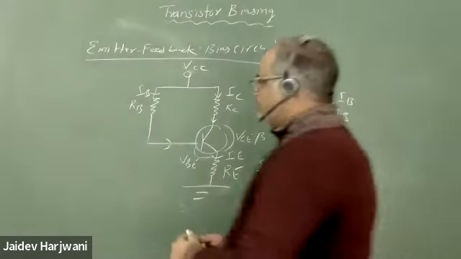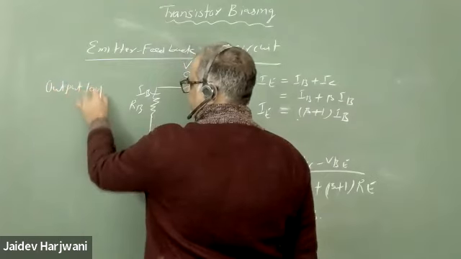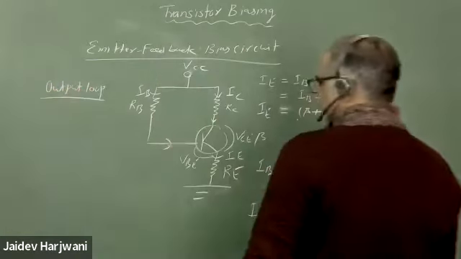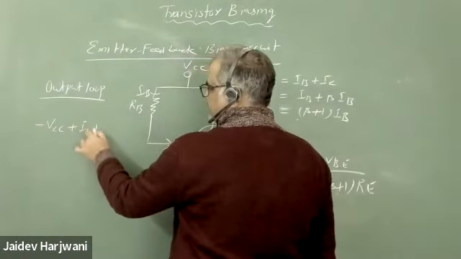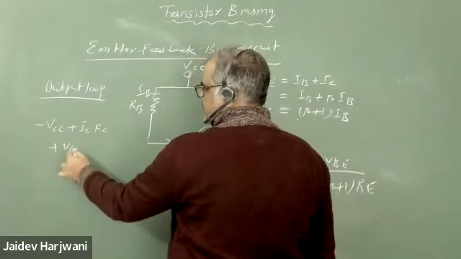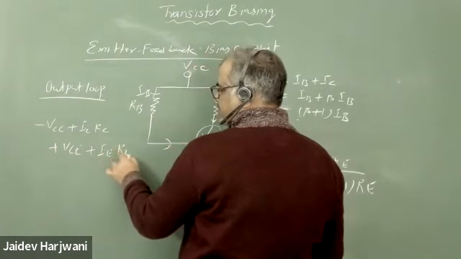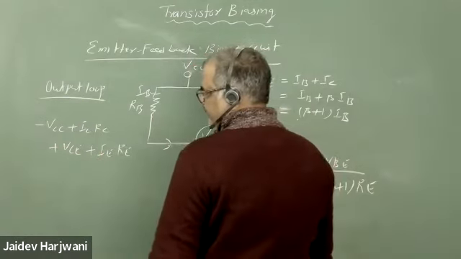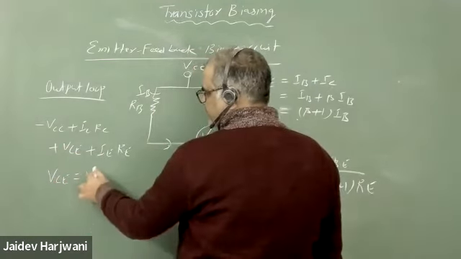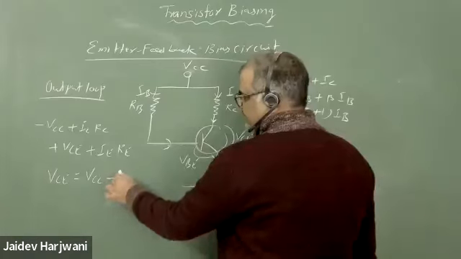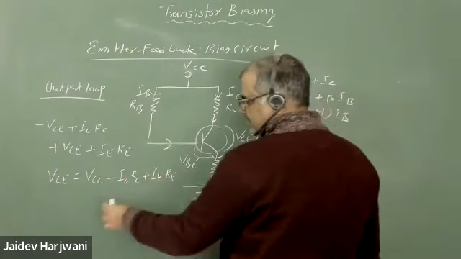So now for the output loop, what you can write, same: minus VCC plus IC RC plus VCE plus IE RE. Now you want VCE, so VCE will be VCC minus IC RC plus IE RE.